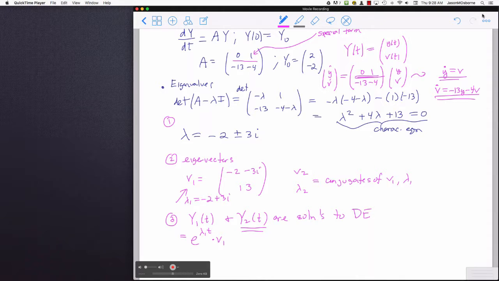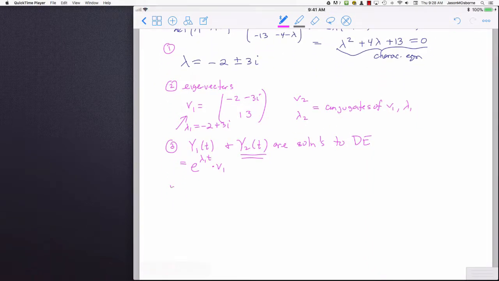Then you proceed to form the superposition principle to find y(t), and you have two choices here. You can find k1 y1(t) plus k2 y2(t), and use the initial condition y(0) equals k1 v1 plus k2 v2 to solve for k1 and k2.